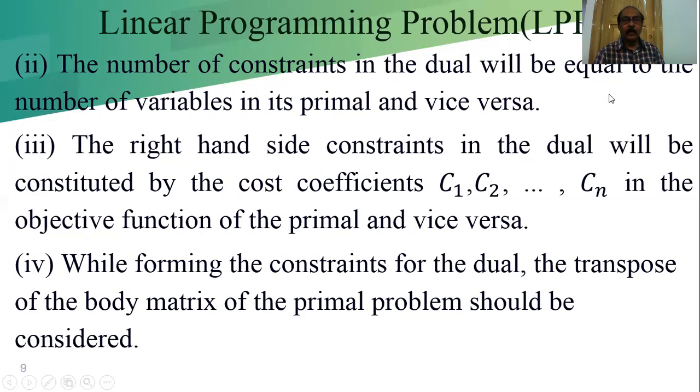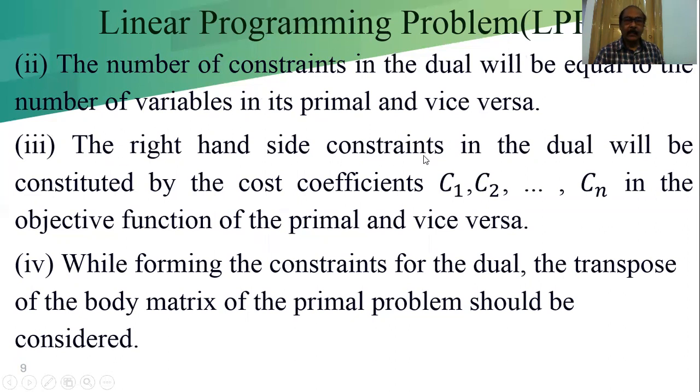Then in the dual we will get 3 constraints, and the number of variables will be 4. That is the vice versa. As many constraints as there are, that many variables in the dual. As many variables in the primal, that many constraints in the dual.